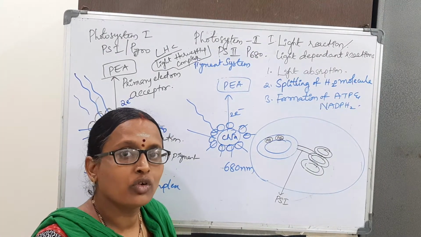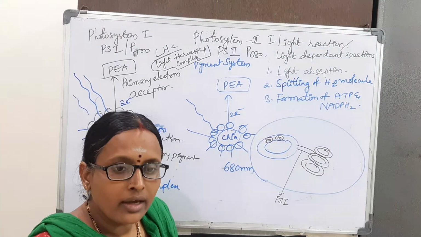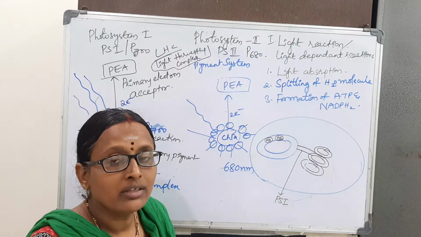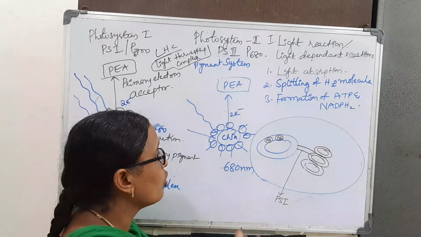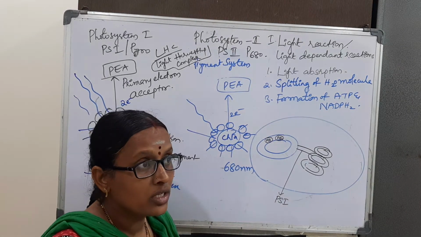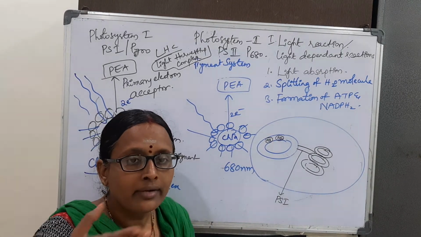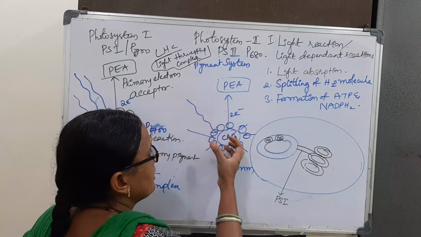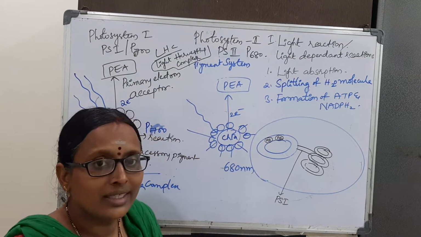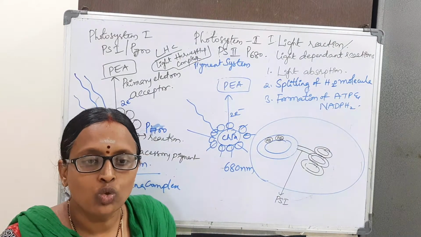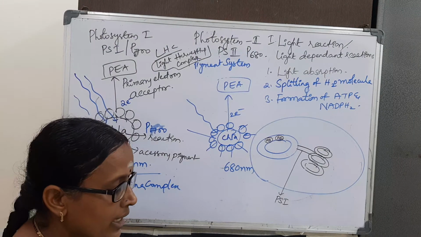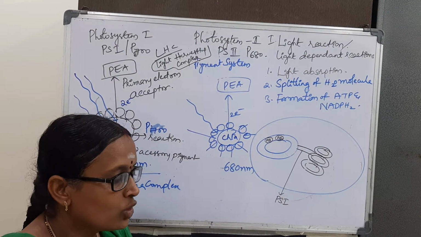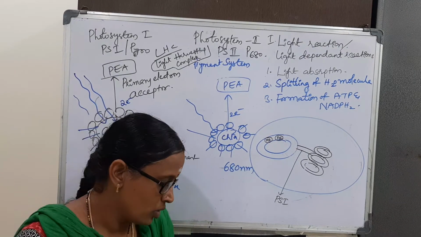Light has different wavelengths, so if only one pigment is present, the rate of photosynthesis may decrease. That is the reason all the pigments gather together and capture different wavelengths. These systems are arranged in two groups, photosystem 1 and photosystem 2, and they act as an antenna to capture the light.